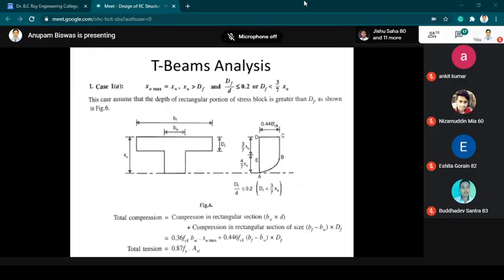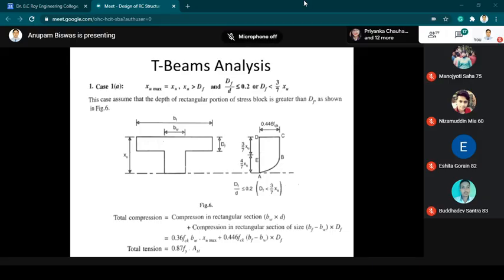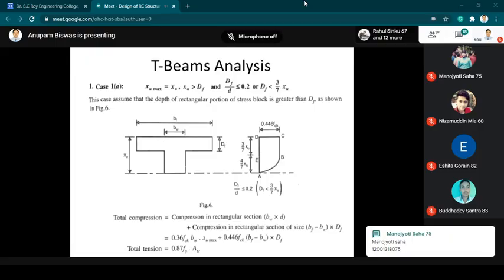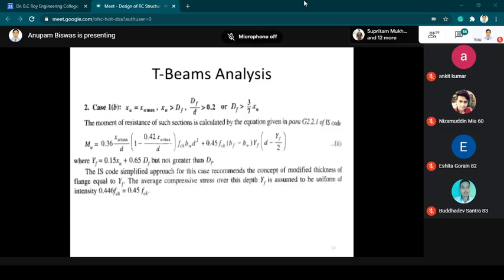That is for segment 2, comprising the rectangular stress block. Okay, I hope everyone is getting this. Next, move to the moment of resistance.